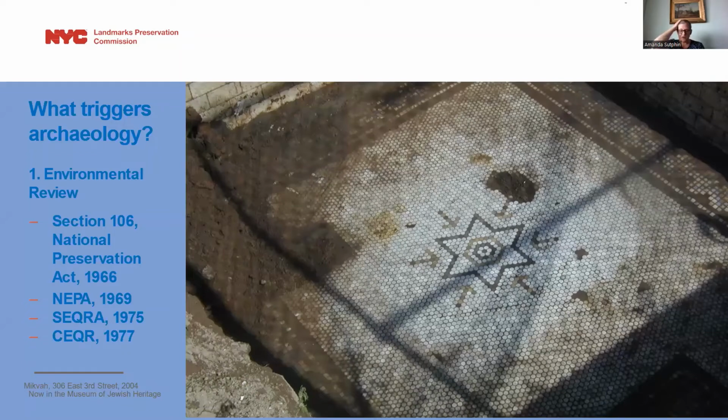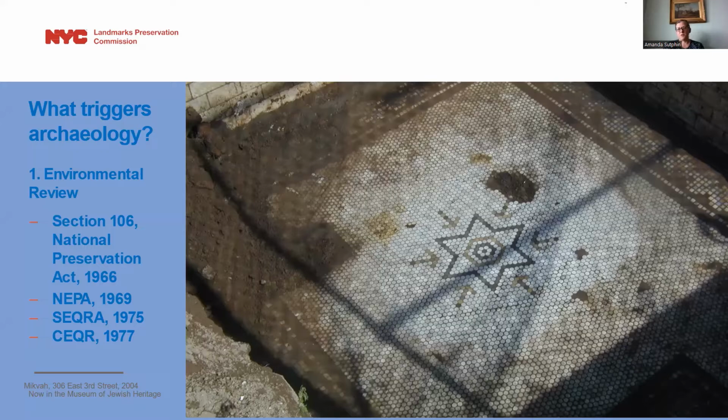New York City's first archaeologist was hired in 1980, and the archaeology department was created in 2002. Archaeology principally happens in three ways in the city. The first way, which is probably most familiar to all of you, is through environmental review. There are federal, state, and city regulations that require consideration of archaeological resources for projects subject to environmental review.